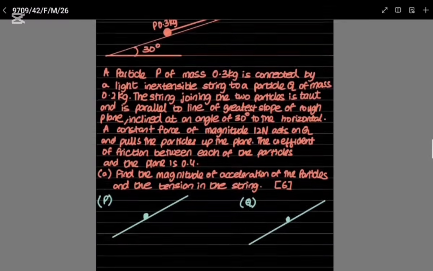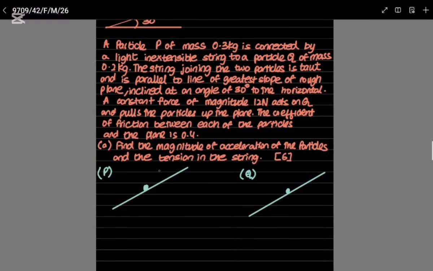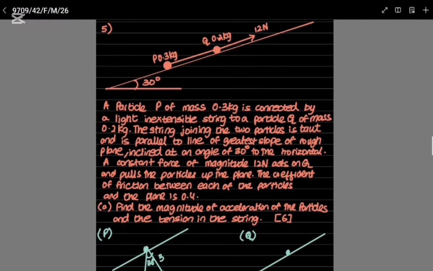So for P, this is 0.3 kg. First of all, the weight, we have to resolve it into its components. As I said earlier, this is 30 degrees, so by the way, 0.3 times 10, the weight is going to be 3 newtons.